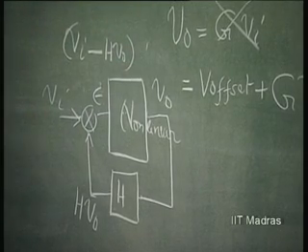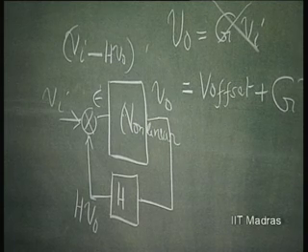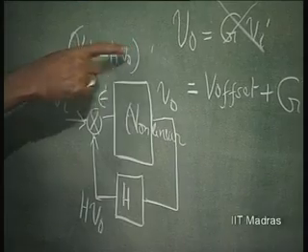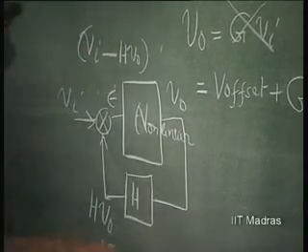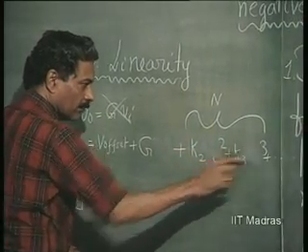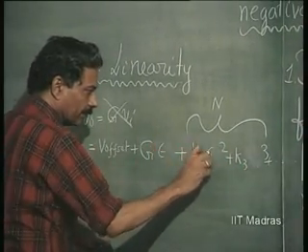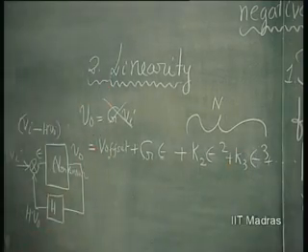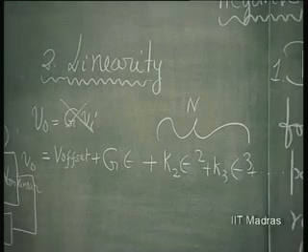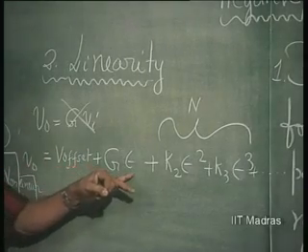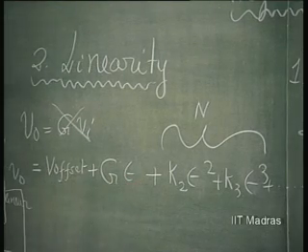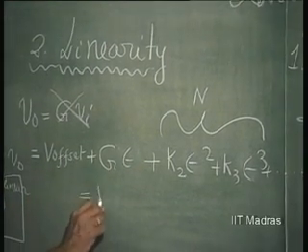So, instead of V I now we are going to substitute V I minus H times V naught. Everywhere we have to only put here the error epsilon, epsilon squared, epsilon cubed. In a good feedback this error is going to tend towards 0. That means, this quantity is going to be made very small.